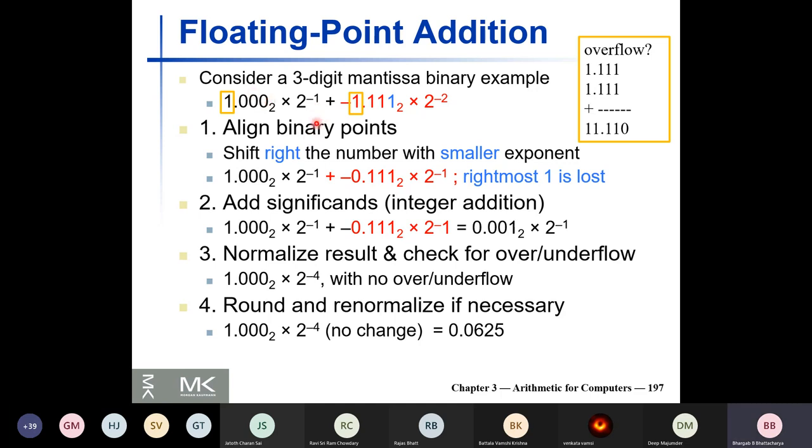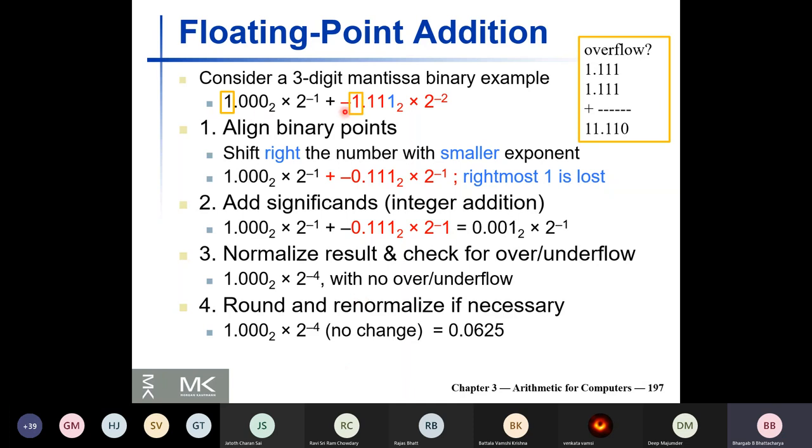If both are positive, then we don't have any problem. We know that the final result would be positive. If both are negative, then the final result would be negative, no problem.